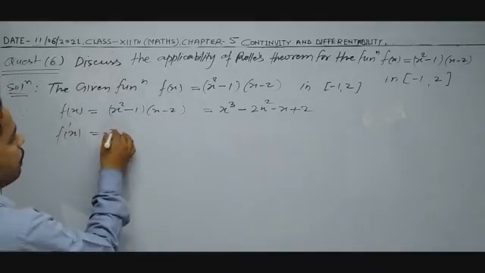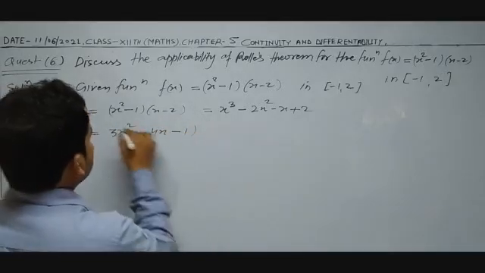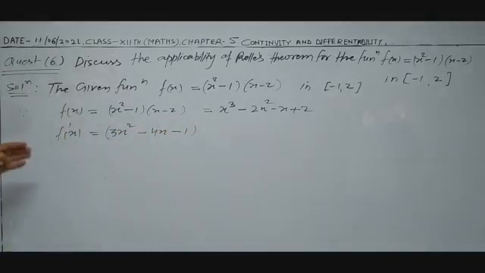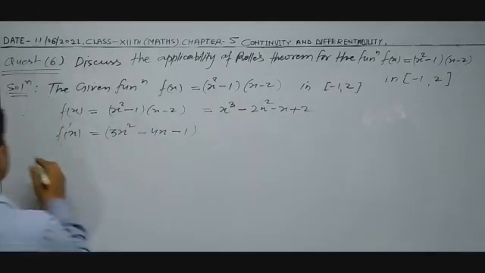What will be the value of f'(x)? The result you will get is 3x² − 4x − 1. So this function is differentiable, and you know every differentiable function is continuous.